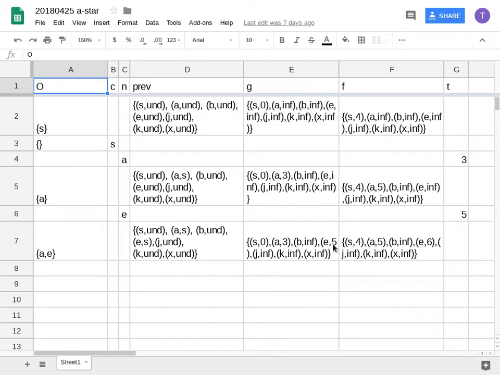So g of x is infinity. In other words, we still haven't found a path, let alone the shortest one, to get to the destination from the start vertex. So now the question is, do we have any f value that is less than infinity?